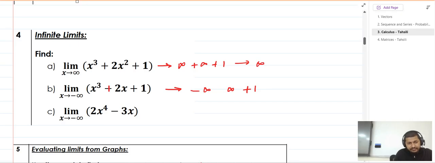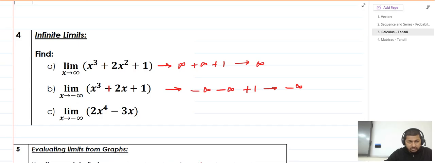So you got negative infinity cubed, which is negative infinity, plus 2 times negative infinity is negative infinity, and then plus 1. So negative infinity plus 1 should give me negative infinity, because you're taking a very large negative number and adding 1. It's not going to make a difference. By adding 1, you'll get negative infinity as the answer, right?